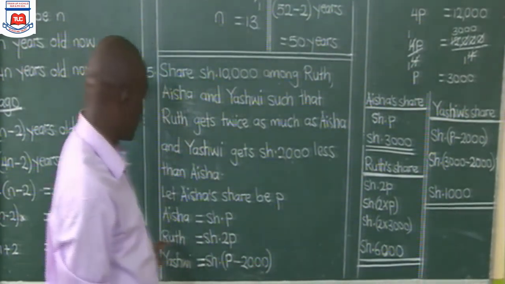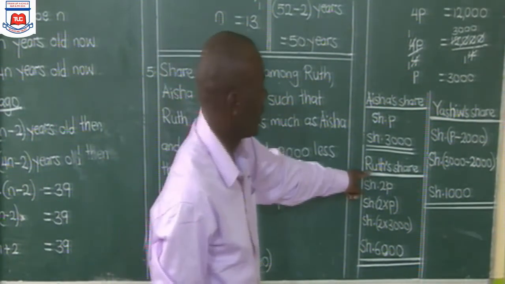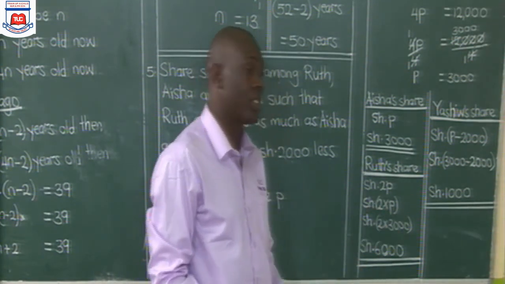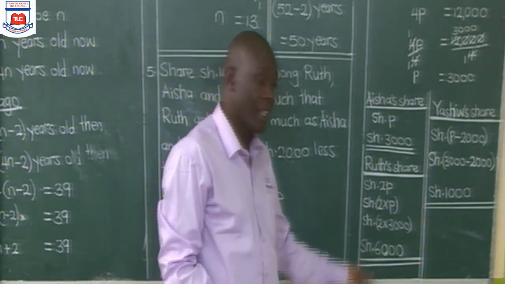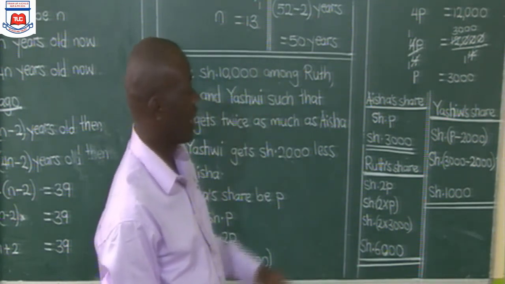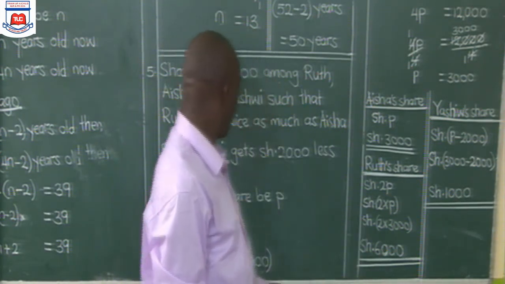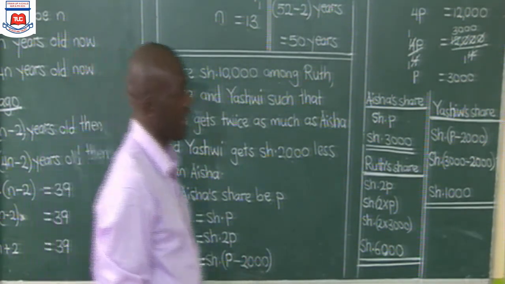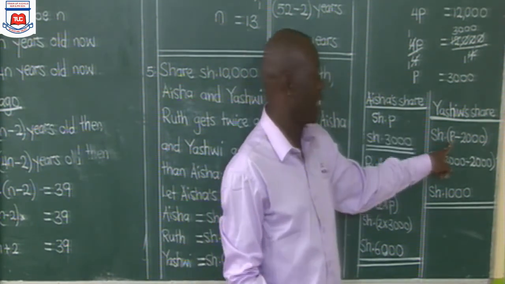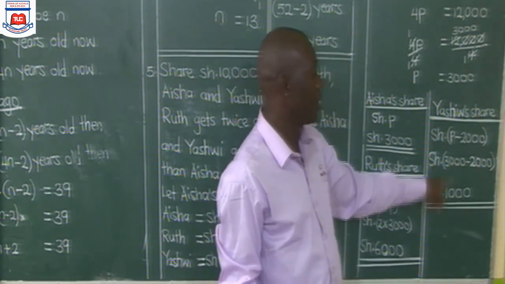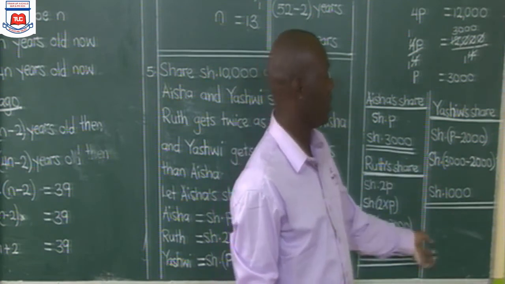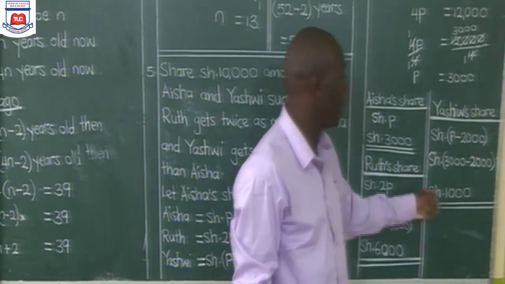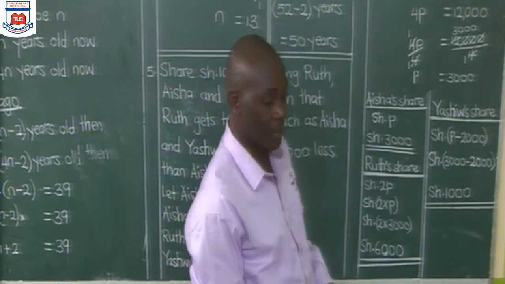Then we go to Ruth's share, which is 2P, right here. 2P means 2 times P shillings. 2 times 3,000 shillings as value P, and we get 6,000 shillings share for Ruth. Finally, Yasri's share, we get it from here as P minus 2,000 shillings, which P is 3,000 minus 2,000, thereby getting 1,000 shillings share for Yasri.